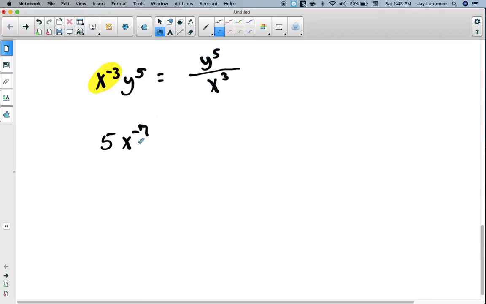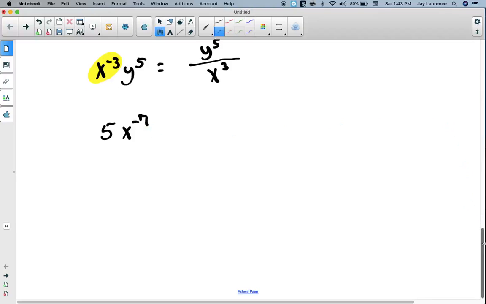Okay, now before we talk about this last one here, some of you might be wondering why it's changing signs. So let's look at 3 to the negative second. Well, we know 3 to the second, of course, is 9. And therefore, this answer must be 1/9 because we have to use the reciprocal.